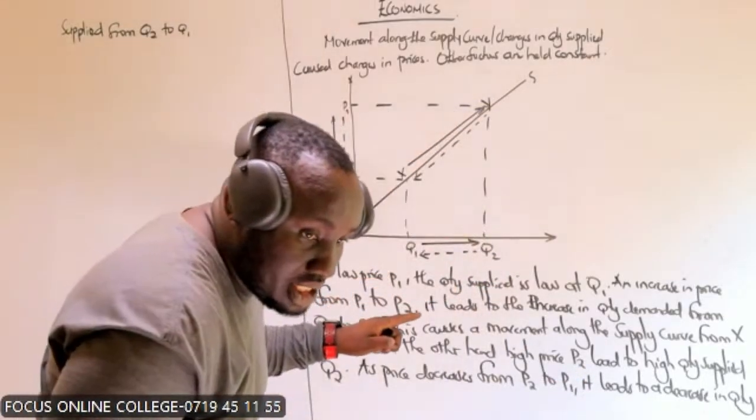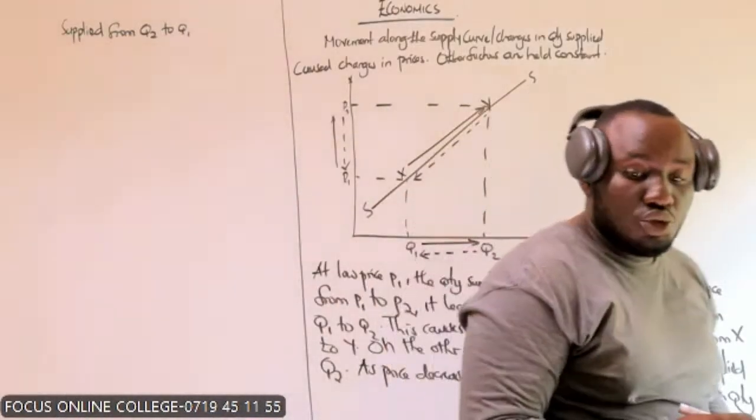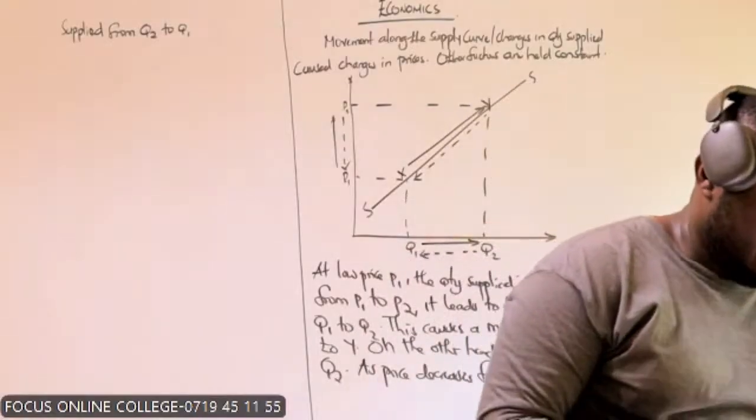Are you able to see that? It leads to a decrease in quantity supplied from Q2 to Q1. Are we together?